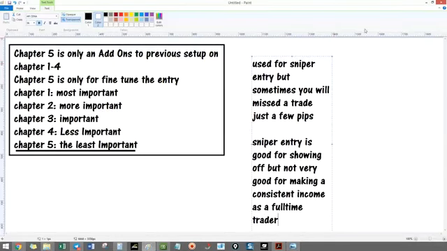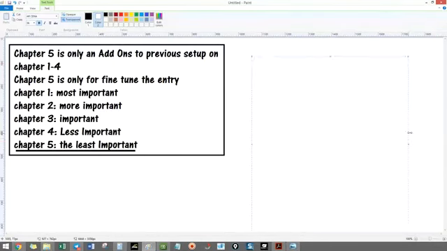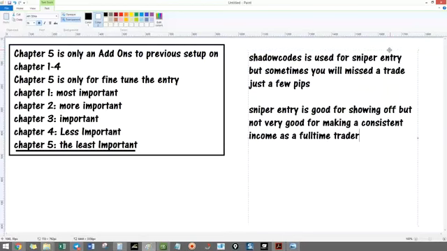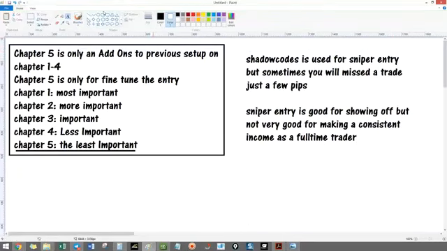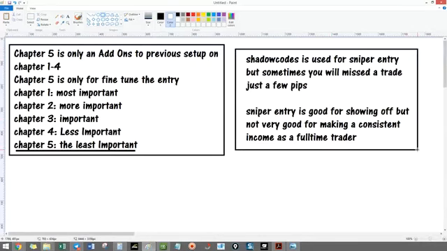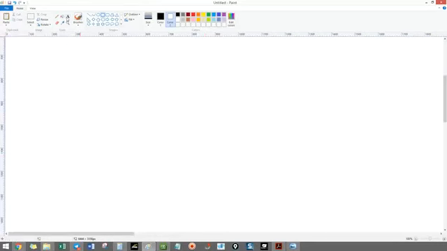Okay, so sniper entry, you can use it just for fun. I do not know whether some of you are having fun trading forex. I have fun trading it. Sometimes I sniper, sometimes I float. It's okay. So let's learn the shadow codes type 1.